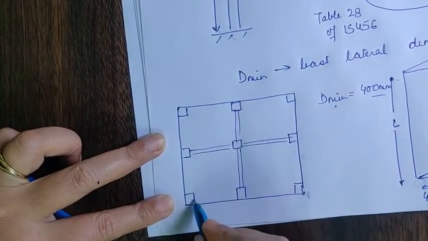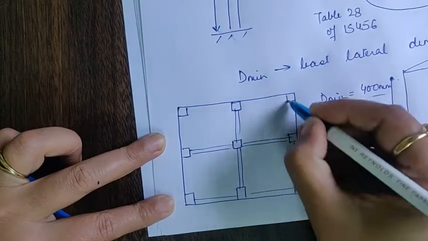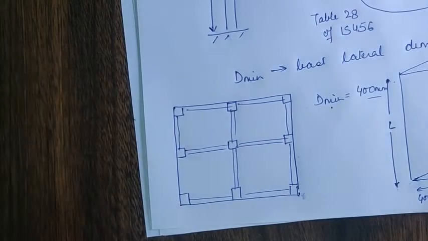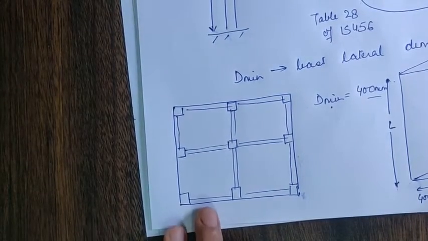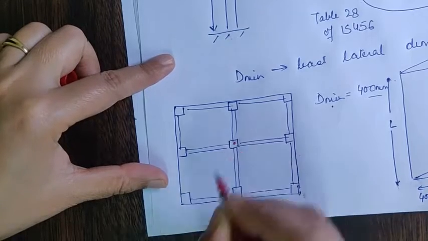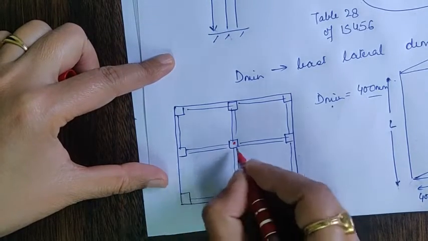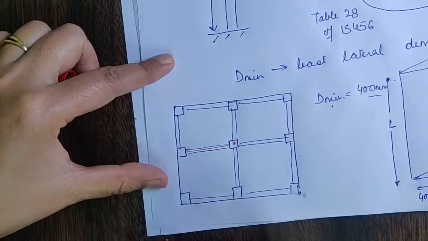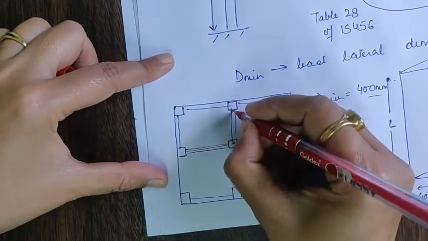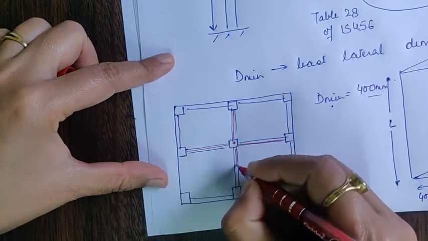So beams are there to transfer the loads. Is it okay? So when, let us say, we are analyzing the column here, this column will be transferring a load from this beam. It will be transferring the load from this beam, and this beam, and this beam.